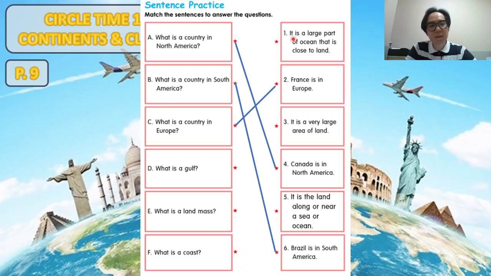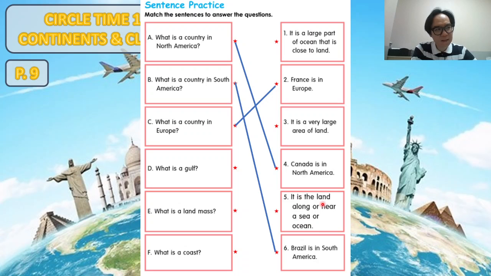So let's take a look. Number 1 says, it is a large part of ocean. Ocean is water. It's a large part of water that is close to land. But hey, look at number 5. It says, it is the land along or near a sea or ocean.